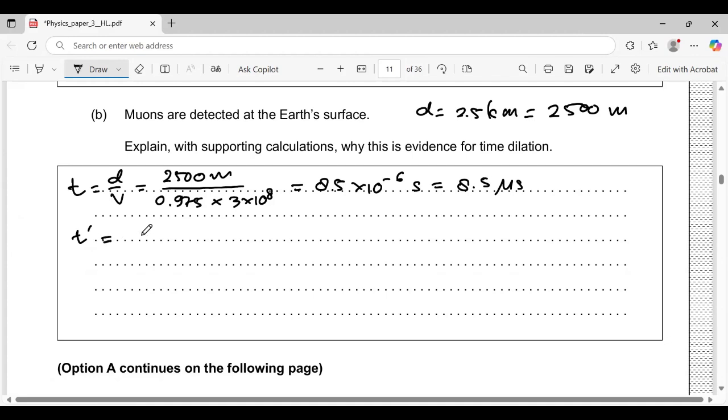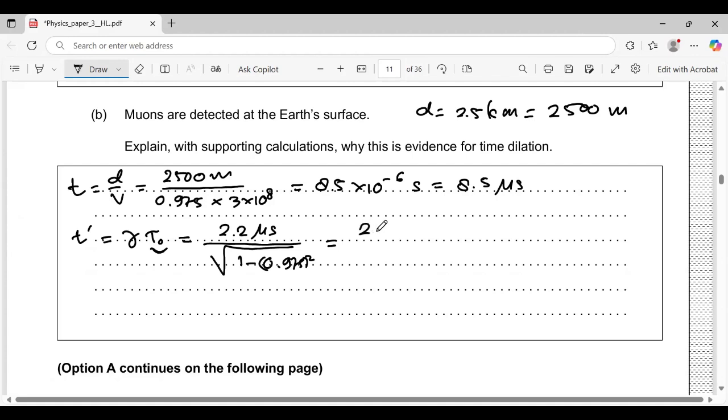Now we are going to find the time dilation. The dilated time equals gamma times t0, which is 2.2 microseconds, while gamma is 1 over the square root of 1 minus v squared over c squared, with 0.975 squared. We already calculated this one.